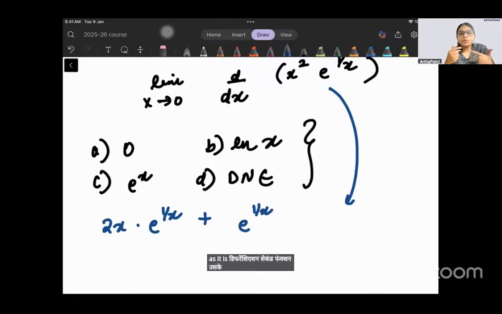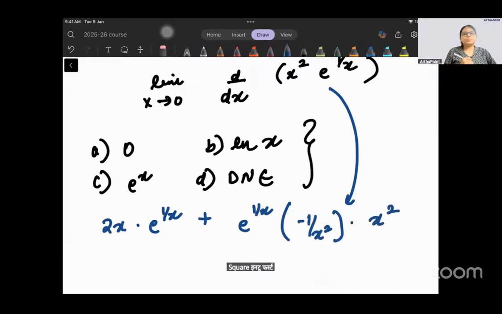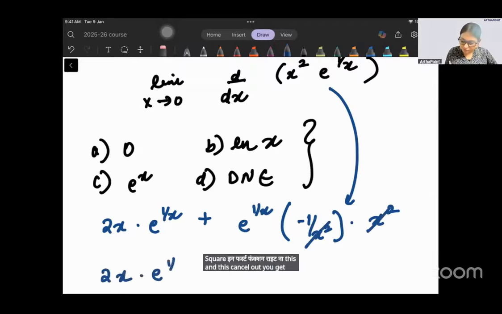So differentiation of e to the power 1 by x is e to the power 1 by x into differentiation of 1 by x, which is minus 1 by x square, into the first function as it is. Right? Now, this and this cancel out.